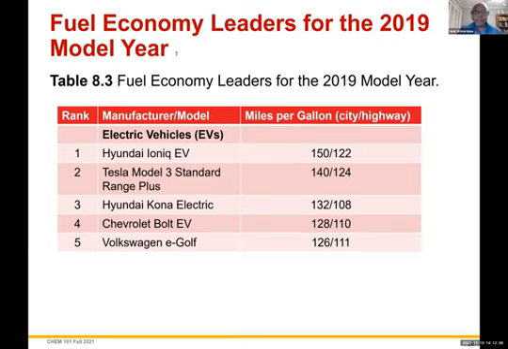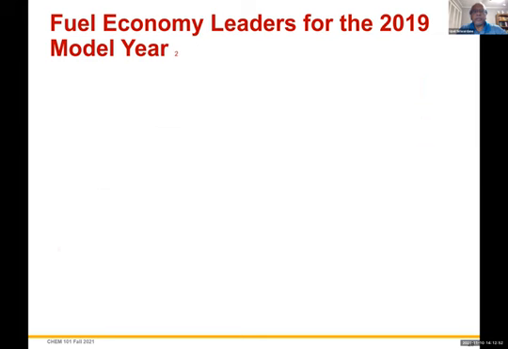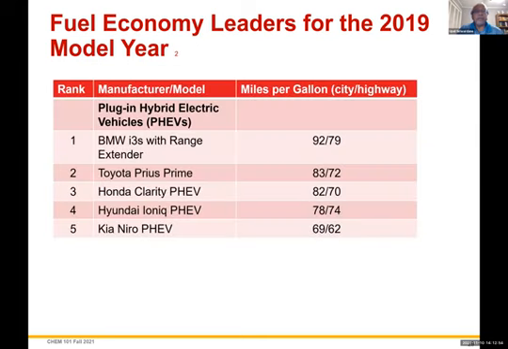The Tesla is one of the most popular right now. It's an electric vehicle, not a hybrid car. So let's look at, we are comparing plug-in electric vehicles now.